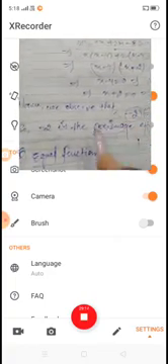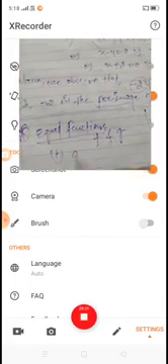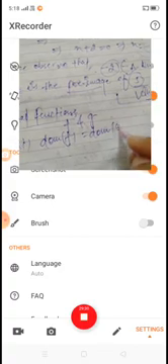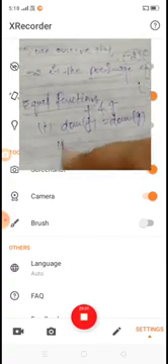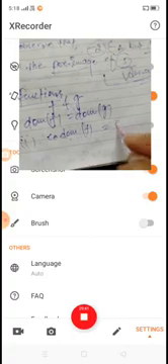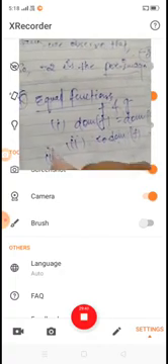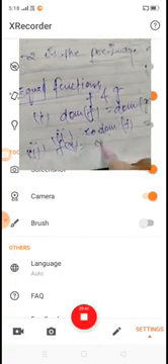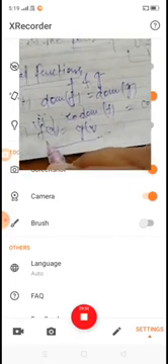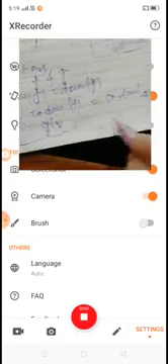Two functions f and g are said to be equal if, first point, the domain of function f is equal to the domain of function g; second, the codomain of function f is equal to the codomain of function g; third, f of x is equal to g of x for every x belonging to their common domain. If two functions f and g are equal, then we write f is equal to g.